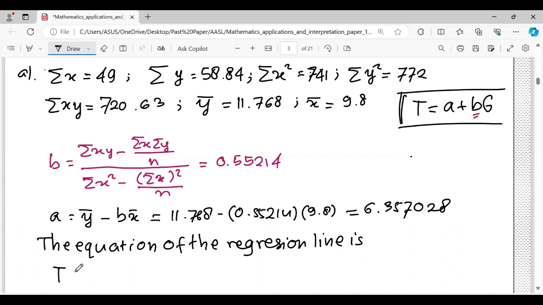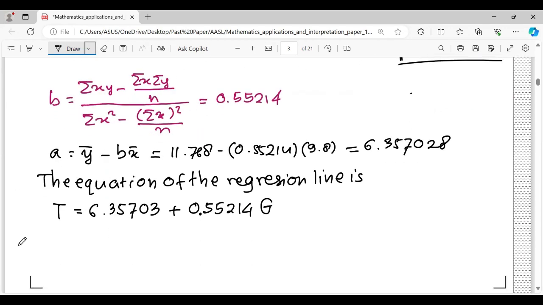It is T equals 6.35703 plus 0.55214 G. This is the equation.